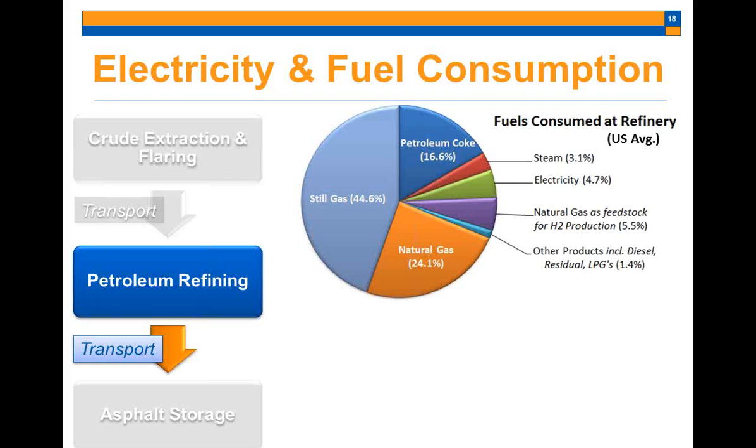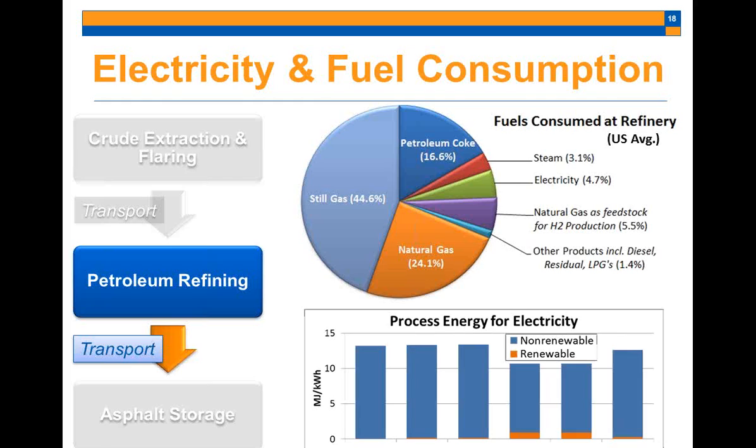So we've used those to help us model how these fuels are combusted. And one other thing to point out is electricity, which is about 5% of the U.S. average fuel, that's our energy, that's used at refineries. It can also vary differently depending on the electricity grid mix in the region.